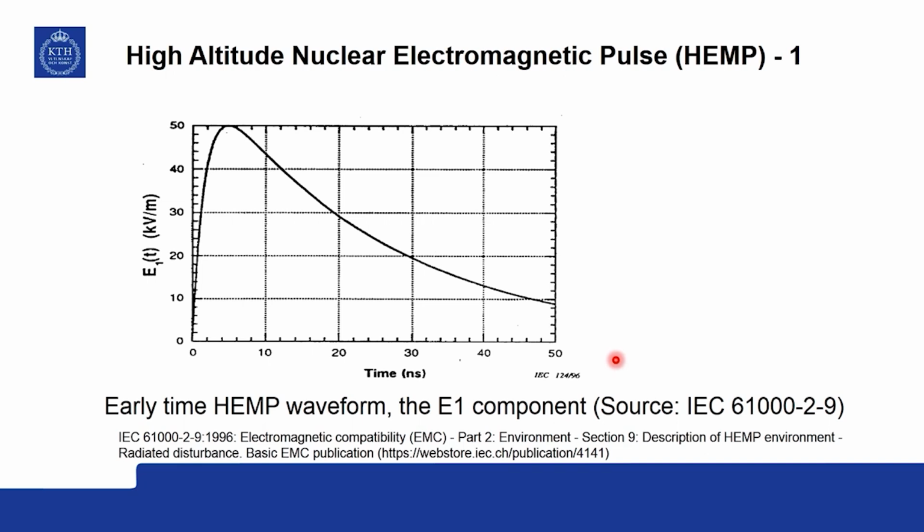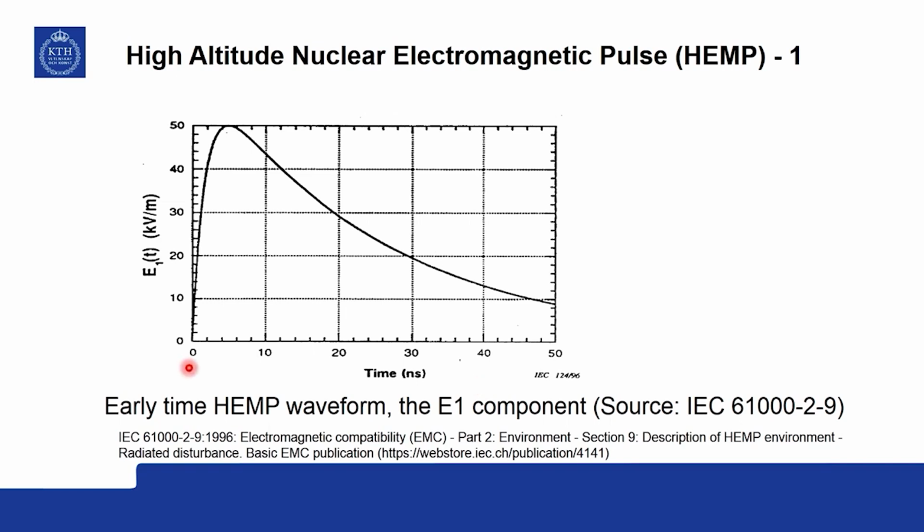Now, some examples from IEC standards are taken to show the waveforms of not very common sources of EMI issues, but if it happens, that becomes severe because it can affect whole cities or whole countries. For example, high altitude nuclear electromagnetic pulse. Many of the critical systems in several countries are designed to withstand high altitude nuclear electromagnetic pulse, critical command and control systems of military and civilian systems in some cases.